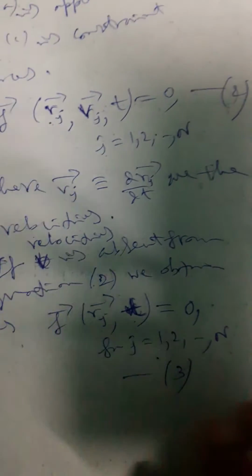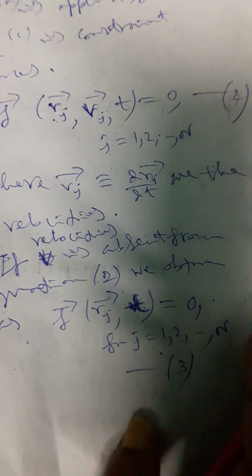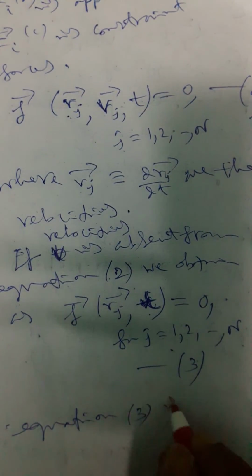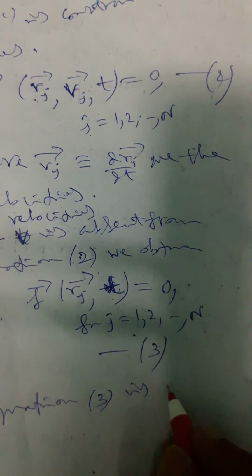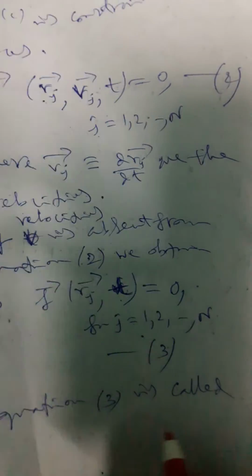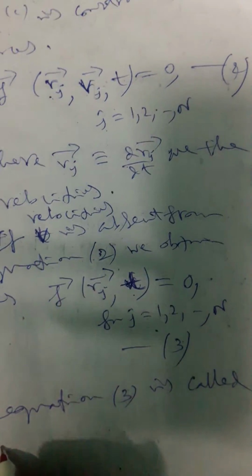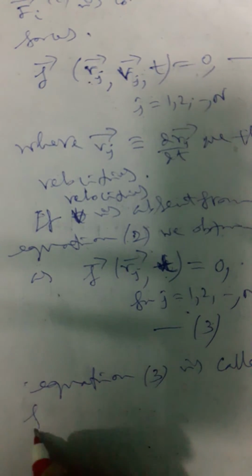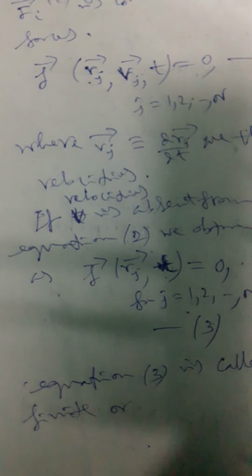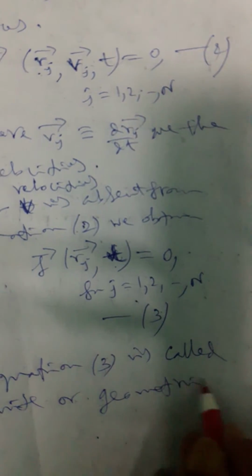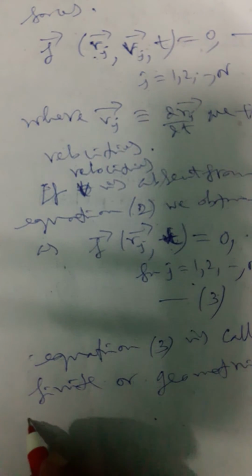And this equation 3 is called another constraint, that is called finite or geometric constraint.